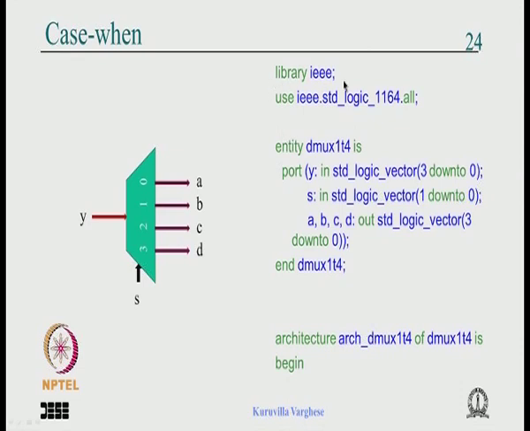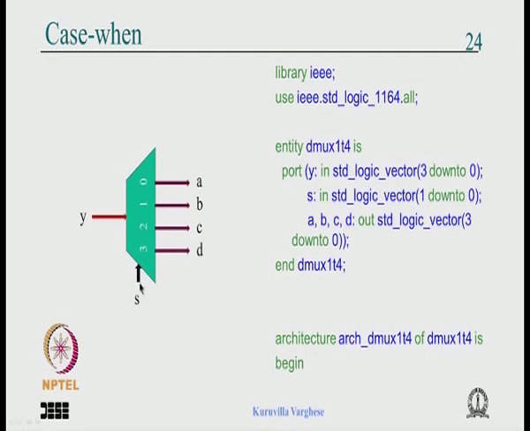So this is the library declaration, the package, and this is the entity, we call it dmux 1 to 4. Then the port: Y is an input, standard logic vector 3 down to 0 because it's 4 bits.